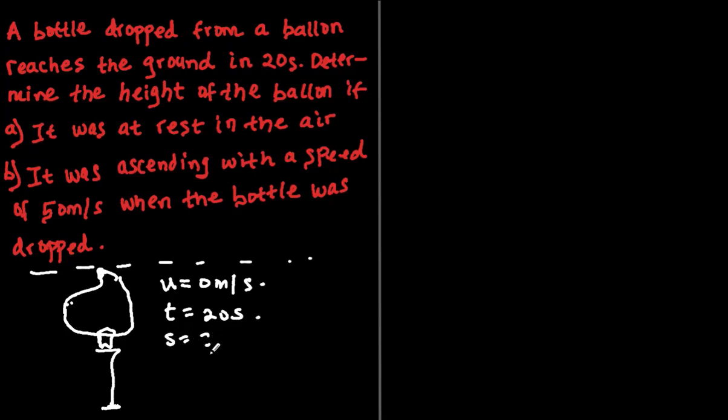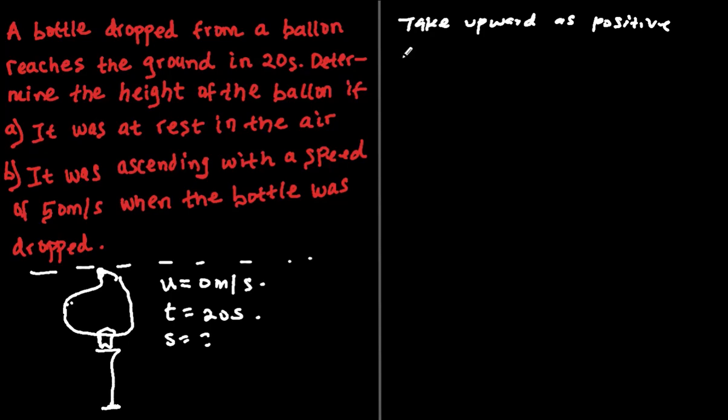So I always take upward as positive. All right, so if you take upward as positive, that means in this case our g is going to be negative because it's coming downward.